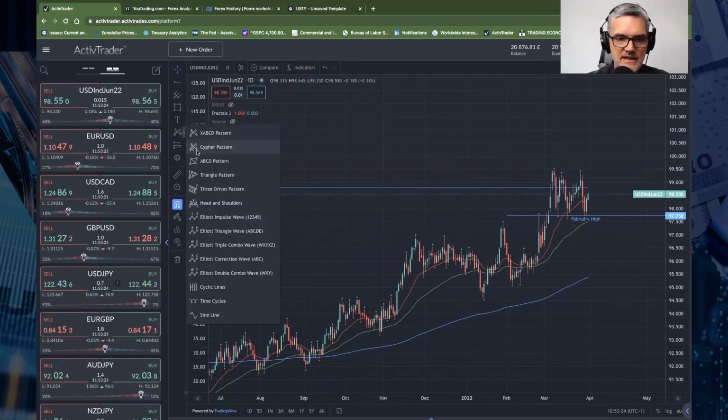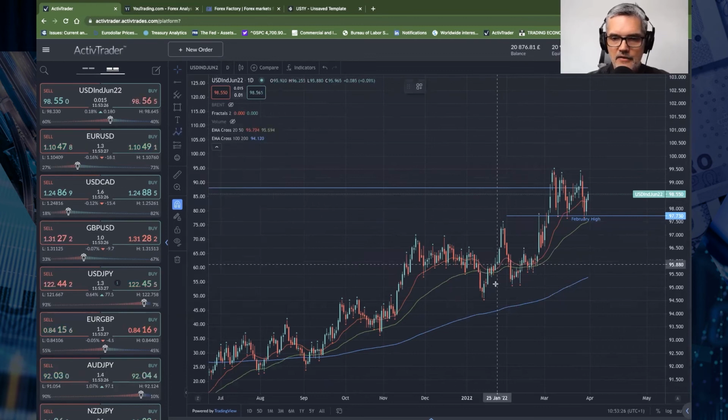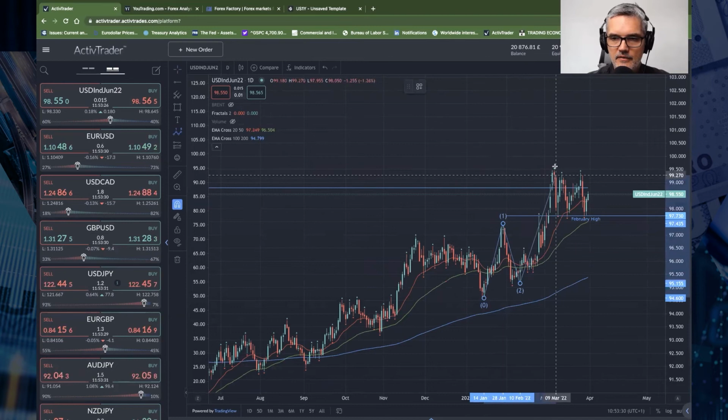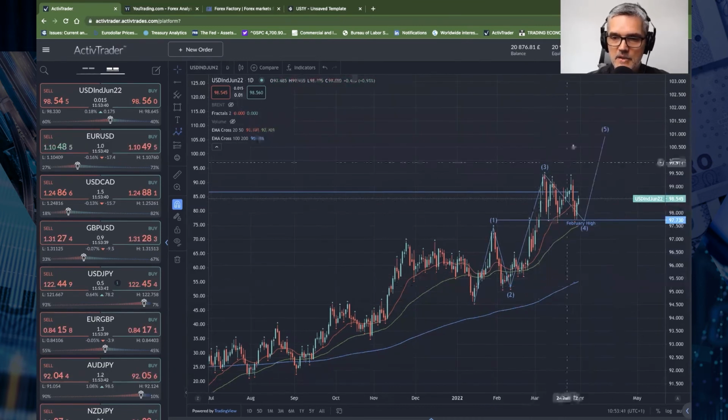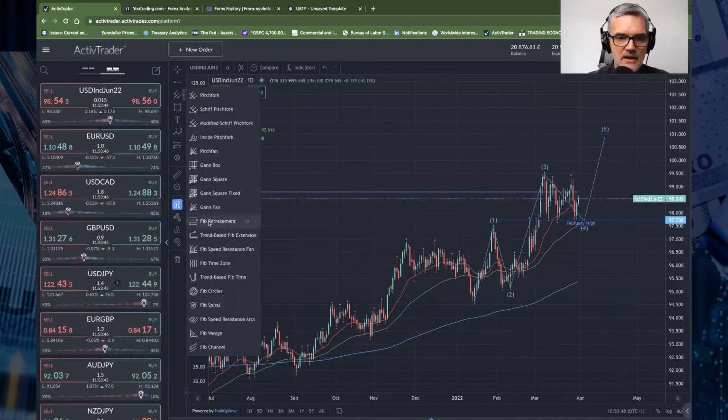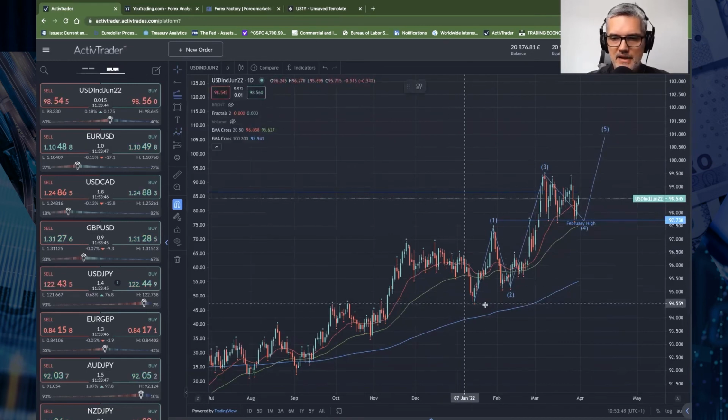So for a while now, I've been saying that this is like an Elliott wave, 5-wave pattern. So first wave, second wave, third wave, fourth wave comes down to the top of the first wave. So that's, you know, like an Elliott wave. Then we could have a fifth wave impulsive move to the upside, in which case we could look for trend-based extension.